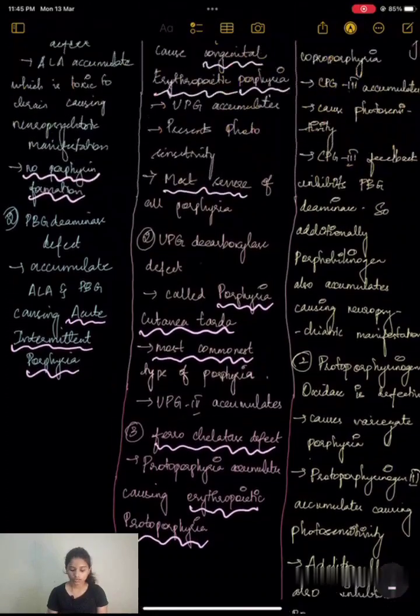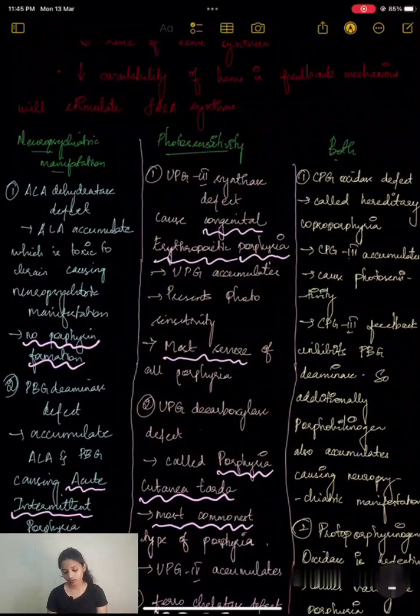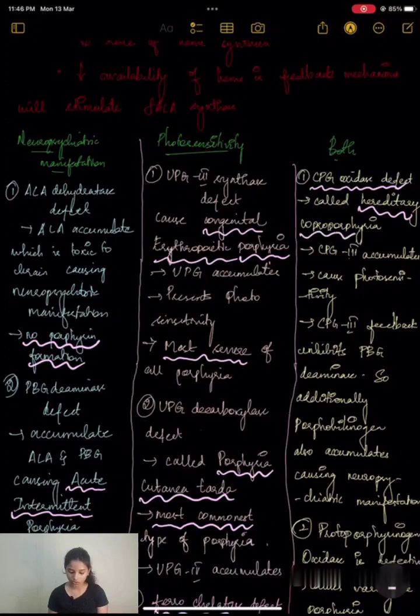Now let's see the porphyrias which cause both neuropsychiatric manifestations as well as photosensitivity. The first one is CPG oxidase defect, also called hereditary coproporphyria. Here CPG3 starts to accumulate, which causes photosensitivity, and CPG3 also feedback inhibits the PBG deaminase enzyme.